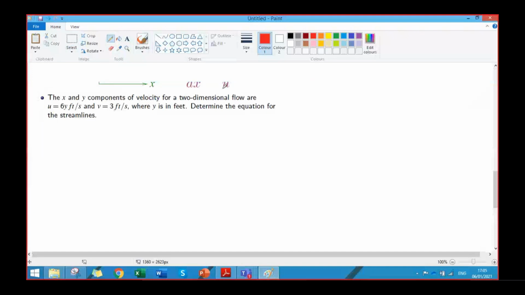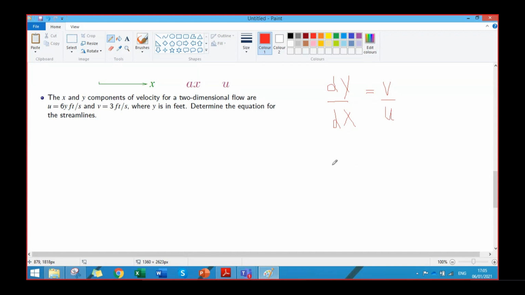We know that dy by dx equals v by u or u by v? V by u, okay? We know v, we know u. We are required to determine the equation for the streamline, that is y as a function of x.